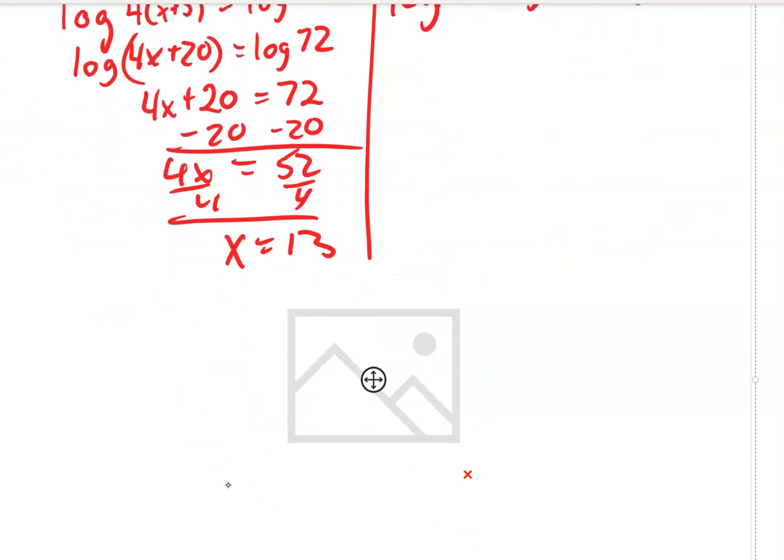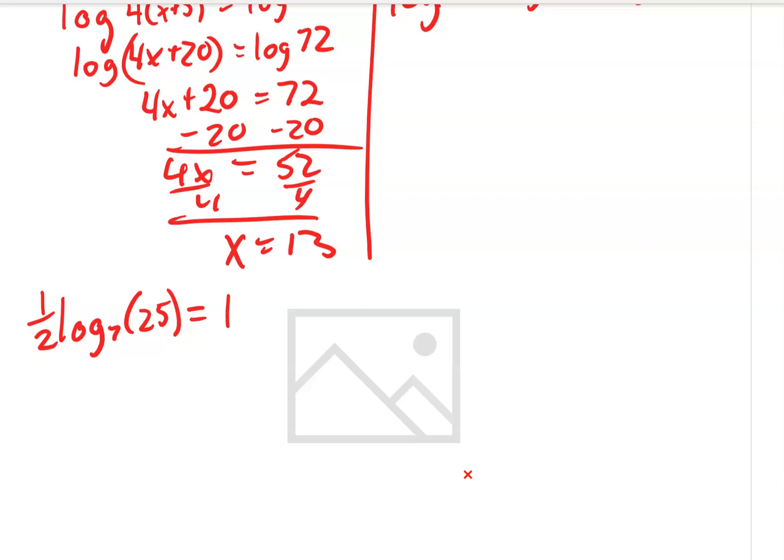Our next problem, again, I'm just going to keep writing these out. So we have 1/2 log base 7 of 25 equals log base 7, 23 minus 4x. What does this really mean?